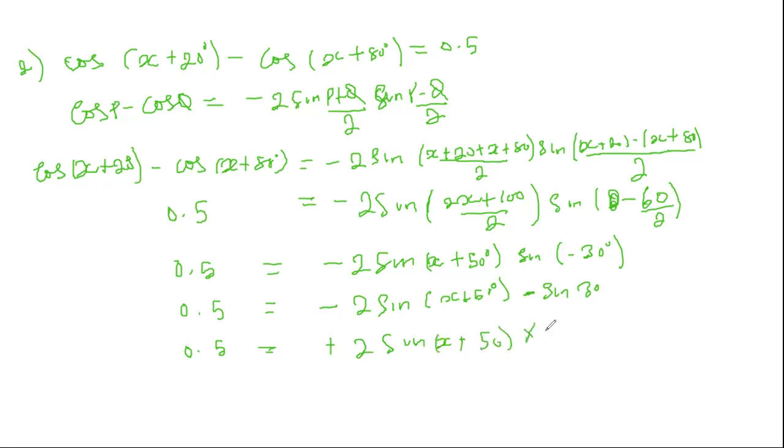Then we multiply by negative 0.5, which we can call a half here. Then this will cancel out with the 2. So we remain with sine of x plus 50 degrees, giving us 0.5.